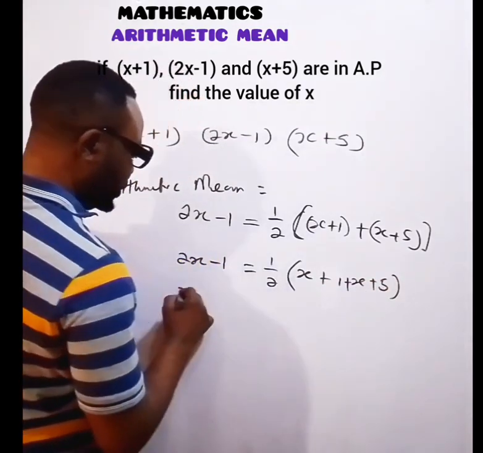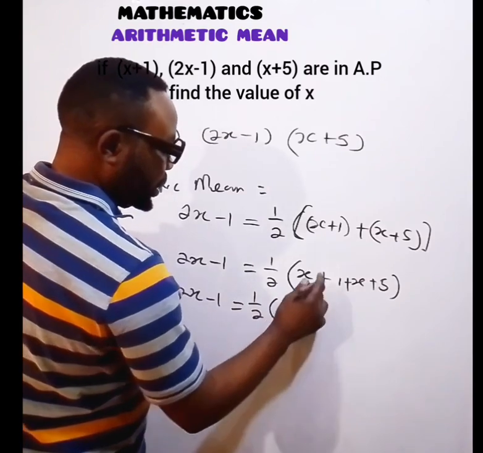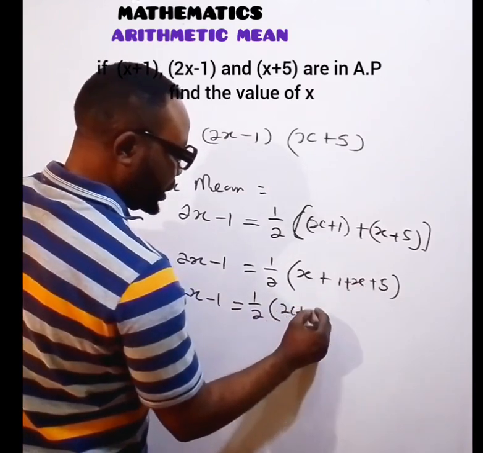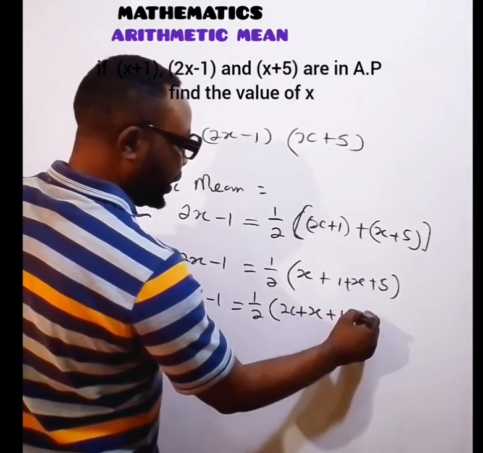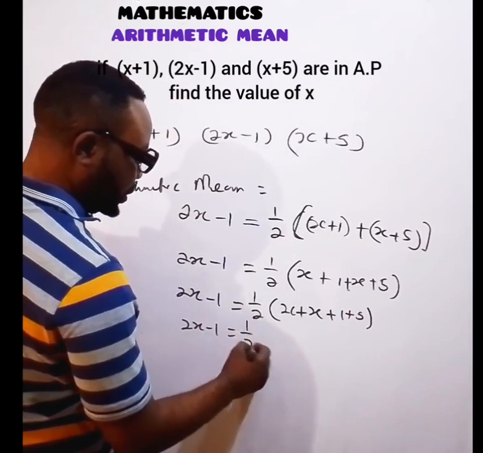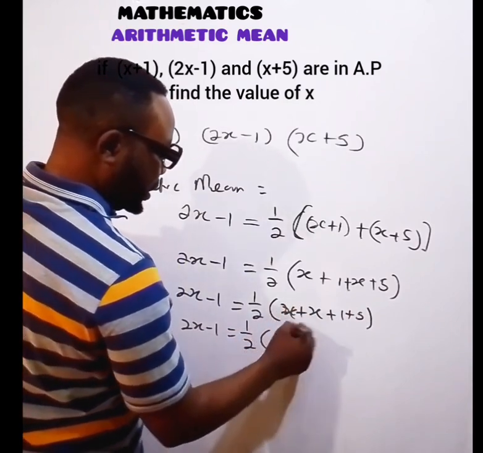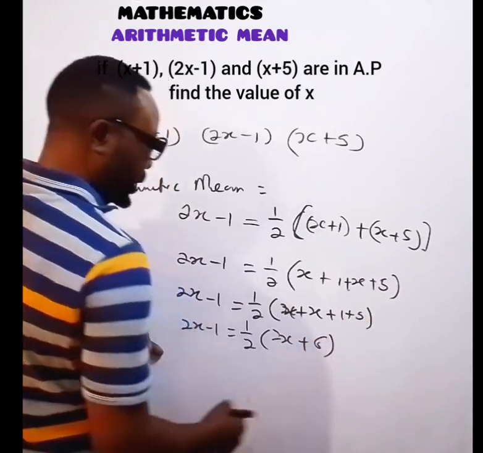So we have 2x minus 1 is equal to 1 over 2 into x plus x, I'm trying to collect the like terms now, plus 1 plus 5. So I have 2x minus 1 is equal to 1 over 2 into x plus x, that's 2x, plus 1 plus 5 is 6.